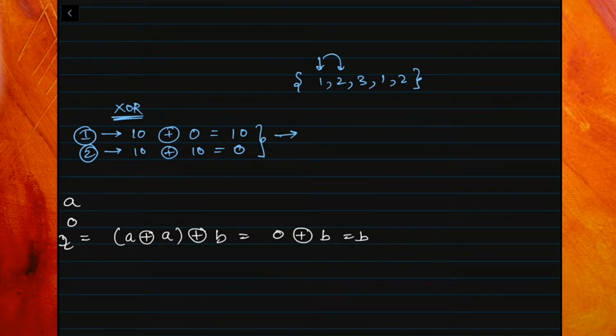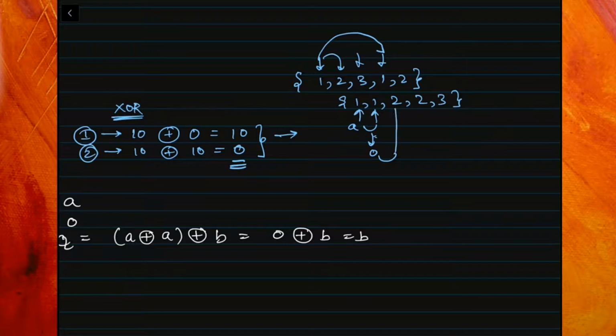But if we XOR this number with the number itself, then it would return 0. A better example would be a sorted one. If this is the value of a, and then again the counter has been incremented, and we XOR this value with this, we would get 0. And if we XOR this result with the next element, it would return the same element. If it's 0 XORed with any number, we get the number itself.